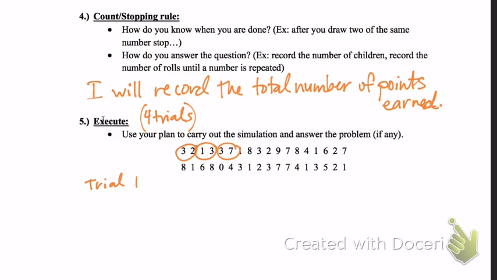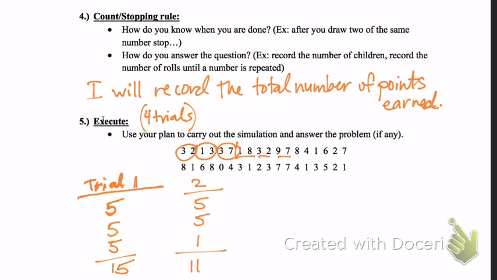So 32 is how many points? 5. 13 is 5. Okay, that was trial 1. Trial 2, 18, 32, 97. So that should be 5, 5, and 1. It's 11 points. Trial 3, 84, 16, 27.